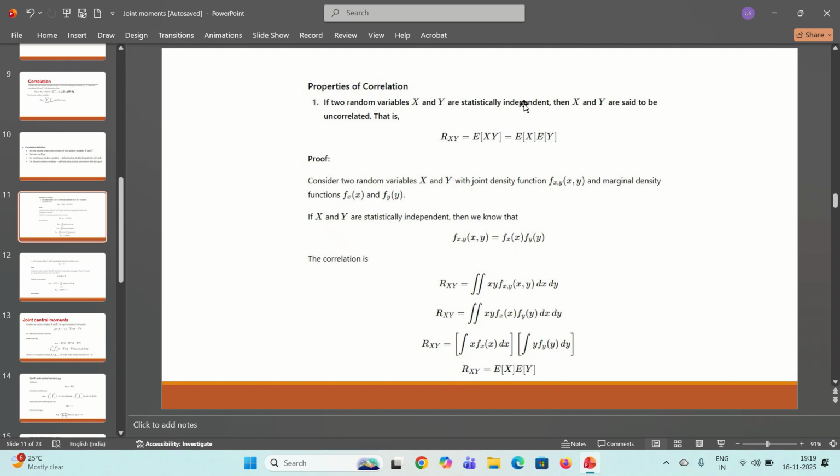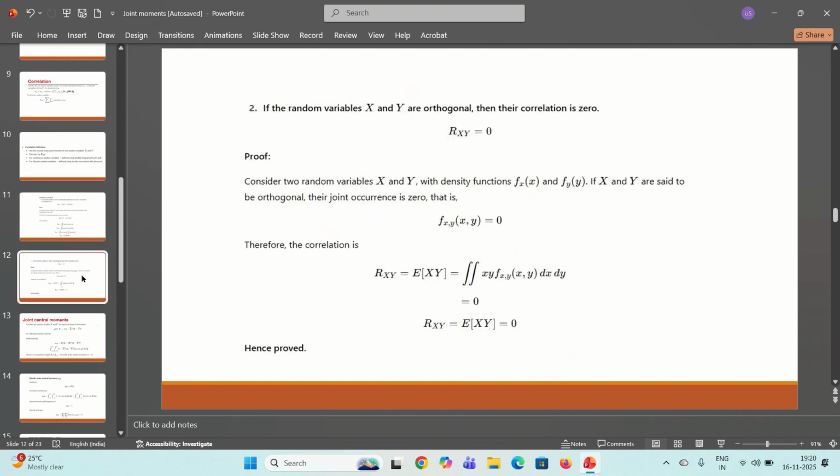Then the random variables x and y are said to be uncorrelated, because expectation of x and expectation of y are statistically independent.